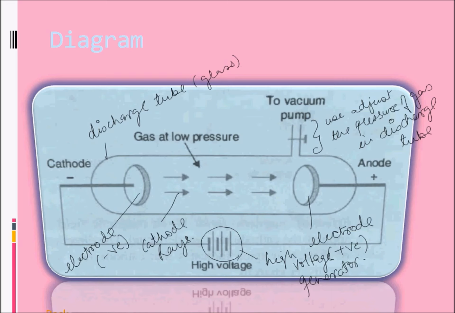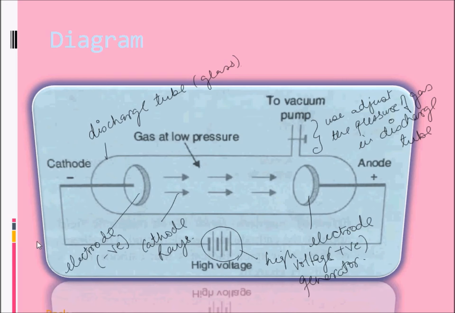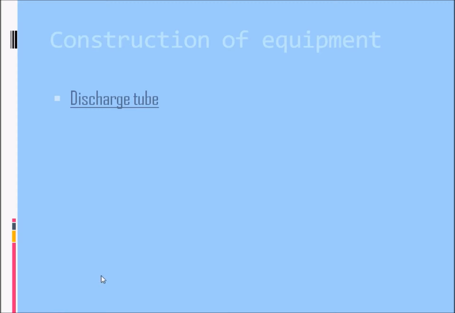Now let's describe the apparatus and see the different observations made by J.J. Thomson. So Sir J.J. Thomson took three conditions.